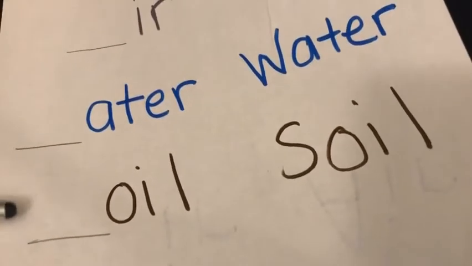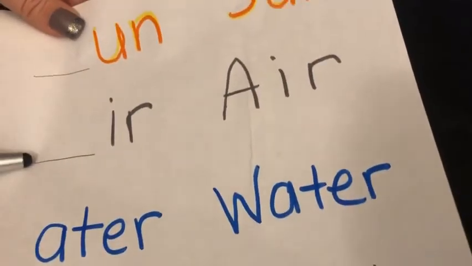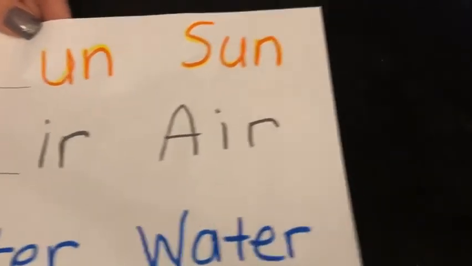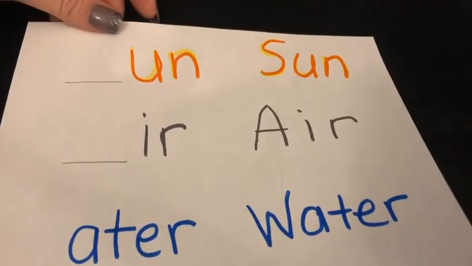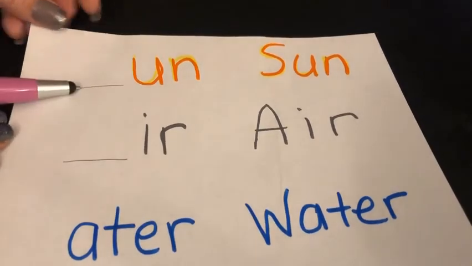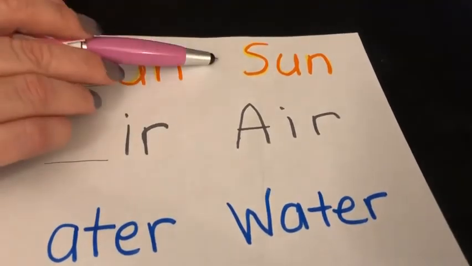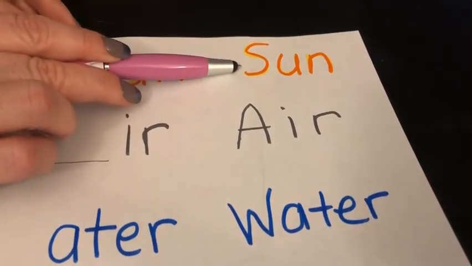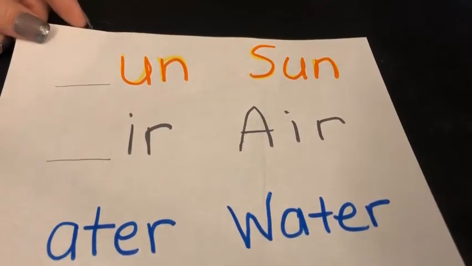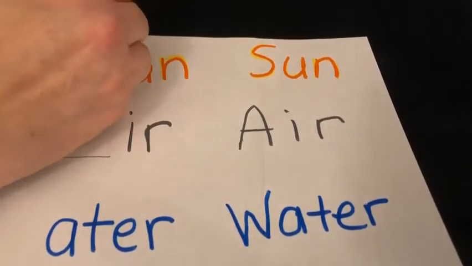And I left off the first letter for soil, water, air, and sun. And I put them over there so if you want to look at them, so you can find the answer. So, the first letter in sun is, what letter is this? S. Good. You're going to write the letter S.